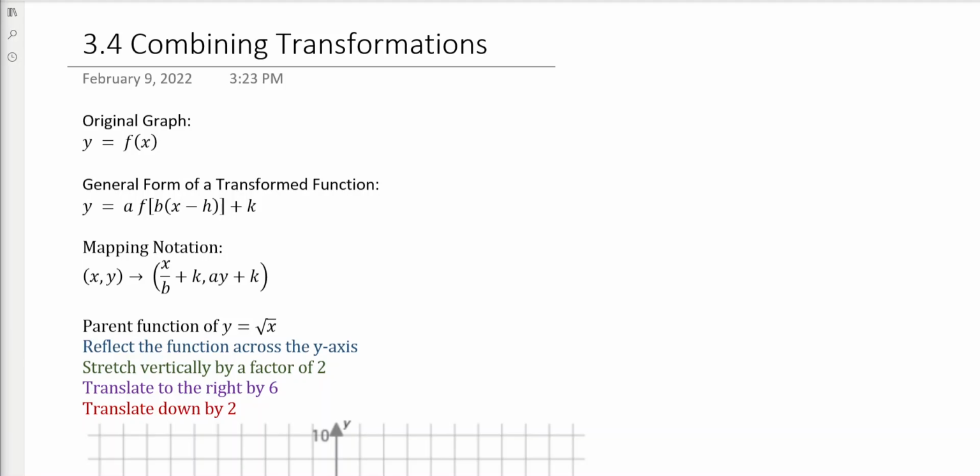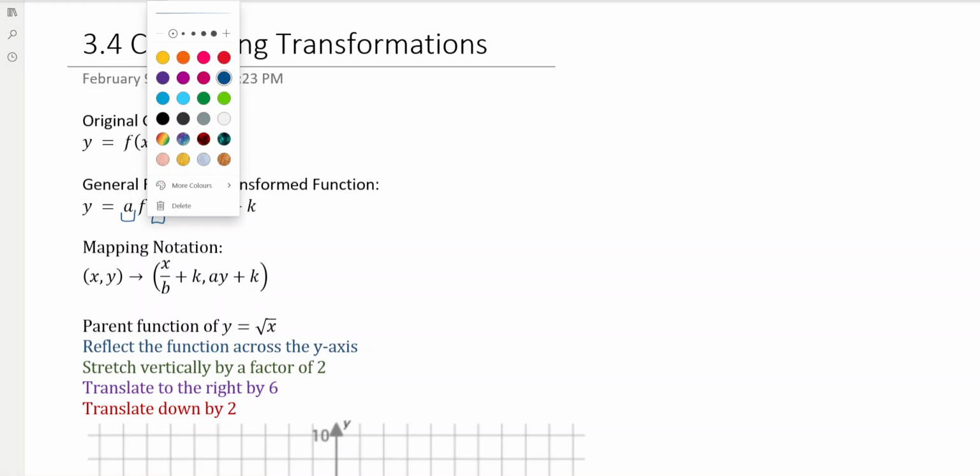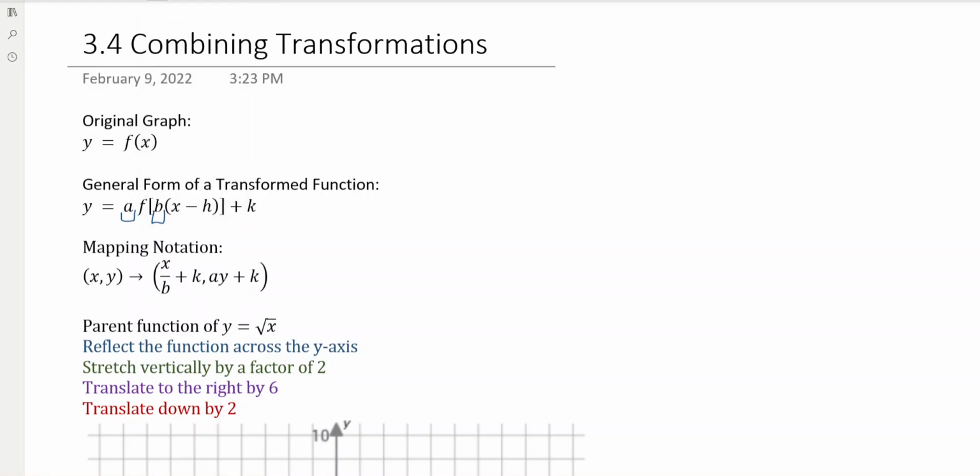We've looked at the general form of the equation, and we've noticed how these different letters, the A and the B, both have to do with the stretch and the reflections. Then we also looked at the H and the K value. It's important to notice that the H is a negative H and the K is a plus K.